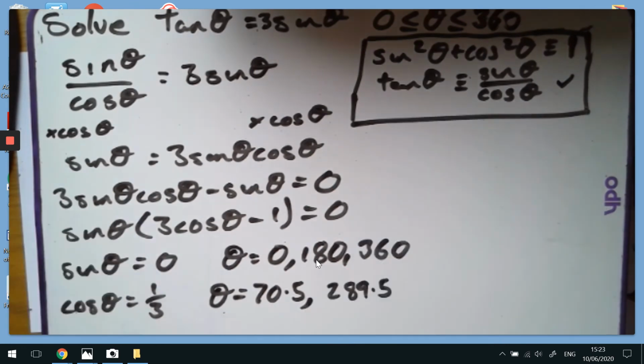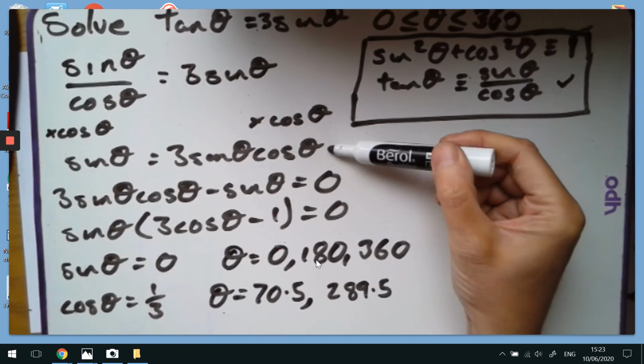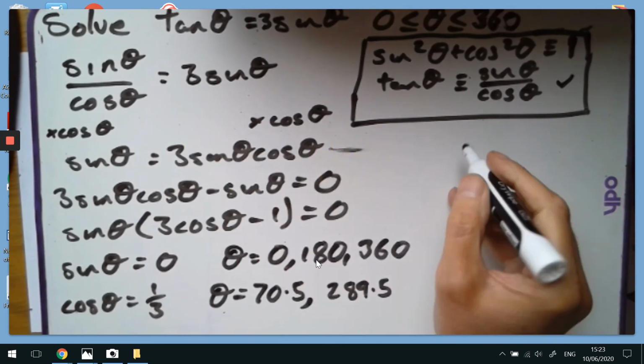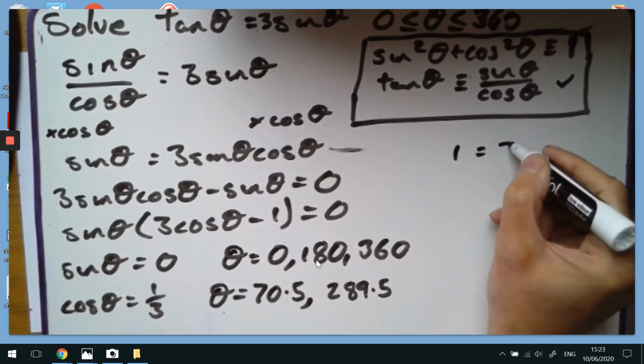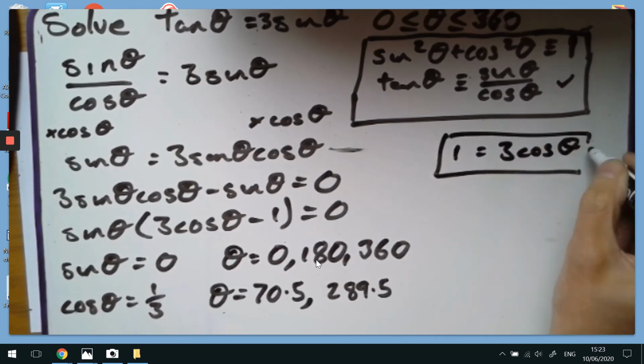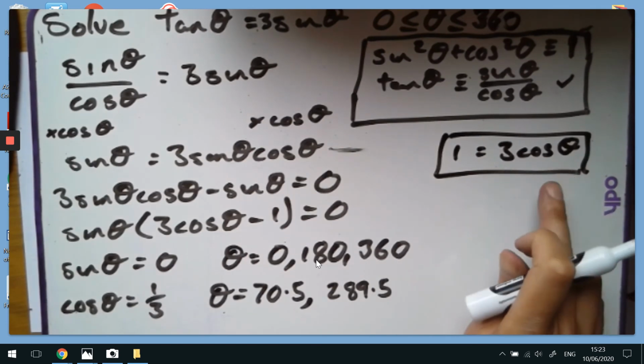Now, just going back to the point that I made about dividing through at this point here, if we had divided through by sine theta, can you see I would have got 1 equals 3 cos theta? That's what I would have got, and that would have given us cos theta equals a third.